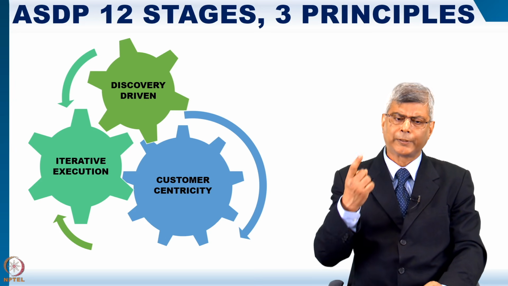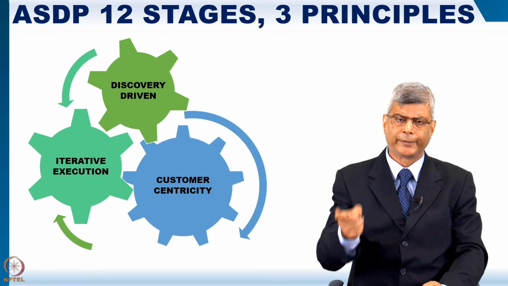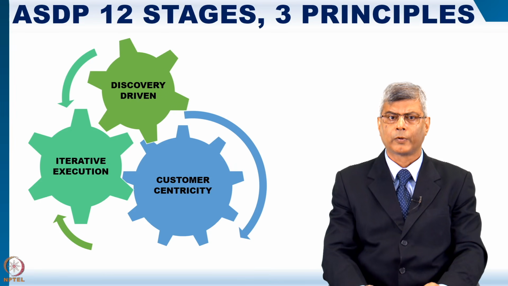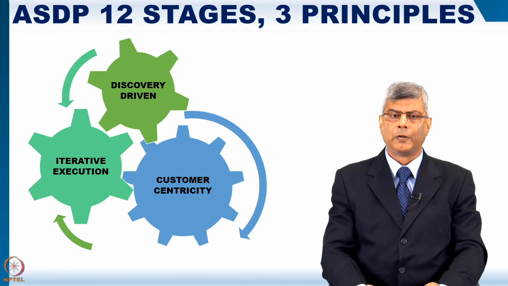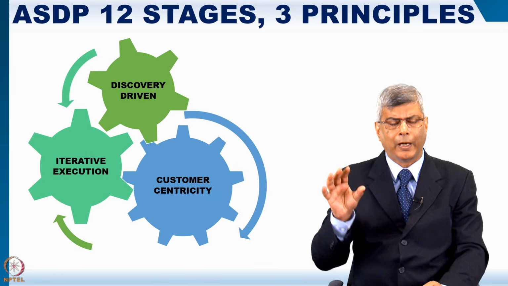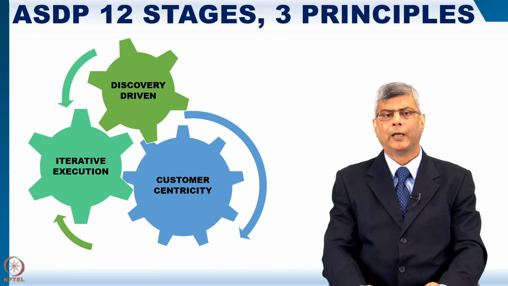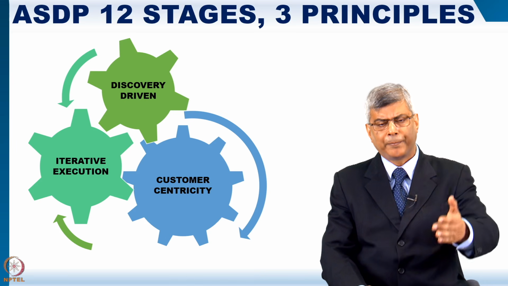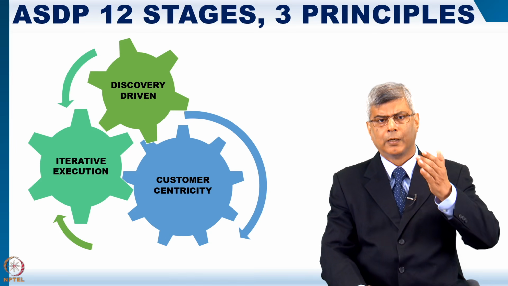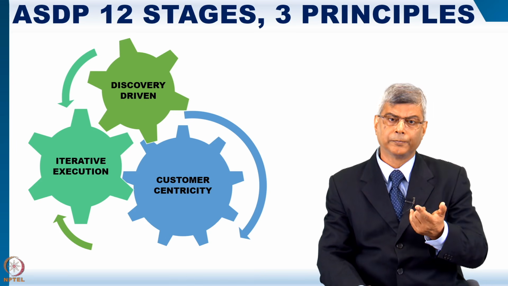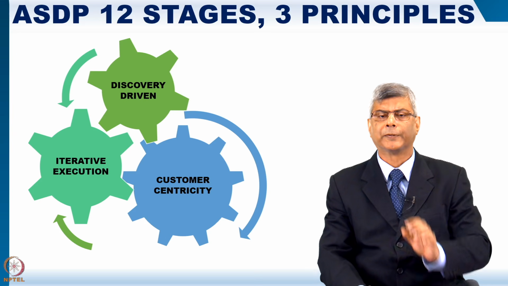The 3 principles, first is customer centricity. Working with the customer to understand what their problems are, what their needs are, and then developing your business, your new product, or your applied research to solve the problems of the customers.